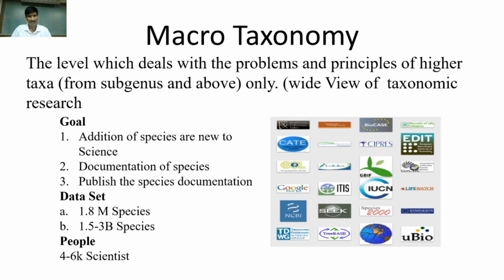This is what the different animal species in the Nasik district are. This is a big view. Then the species documentation is published. This is the main goal of the macrotaxonomist. Then, for datasets in nature or in the world, there are different types of institutes. On the right-hand side we see different pictures: GBIF, then CATS, then EOL, then NCBI.